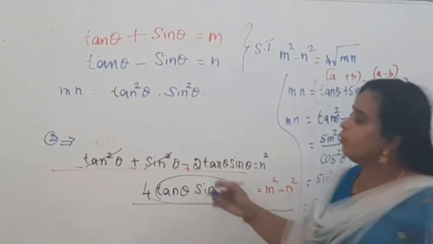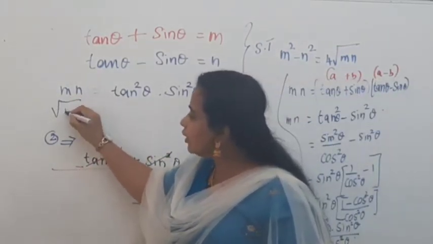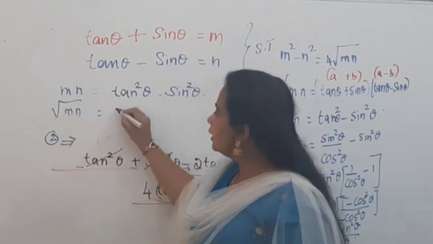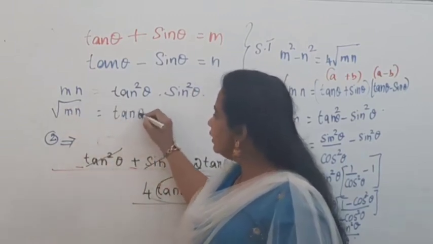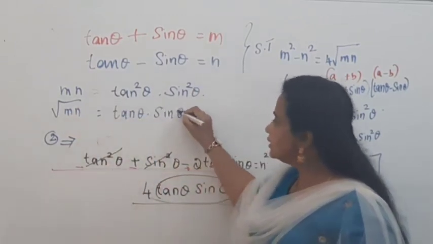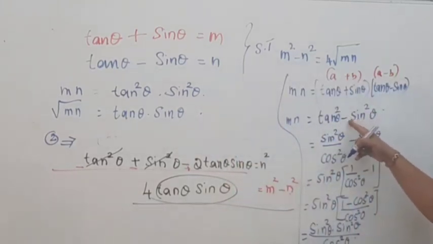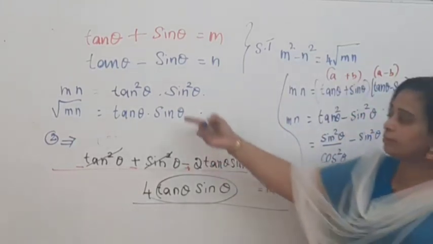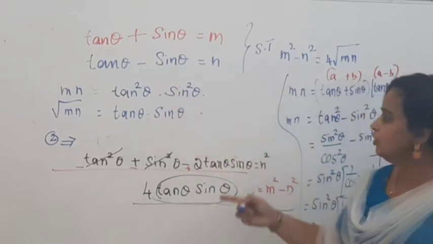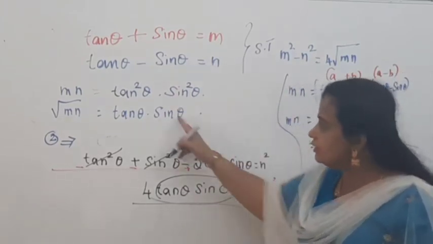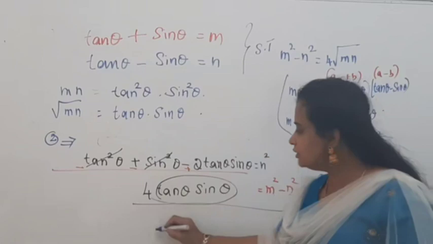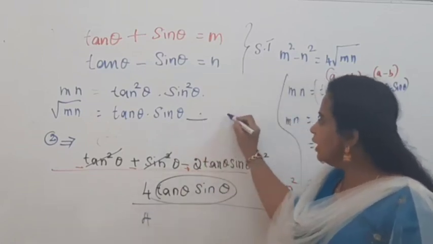Why? While taking my square root, this will become tan theta into sin theta. I removed this minus and made it a multiplication. So what is tan theta sin theta? You must have understood by this time.